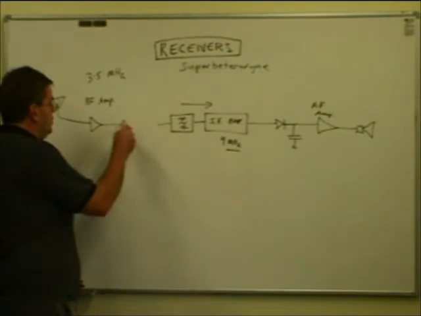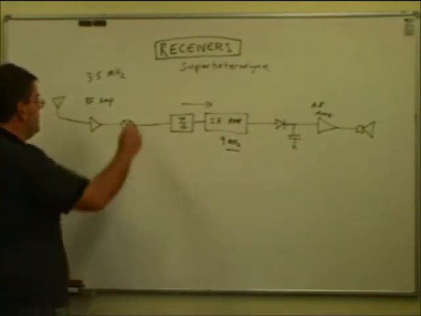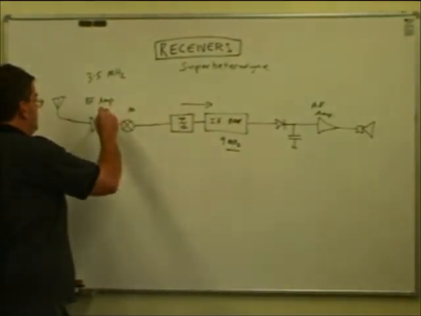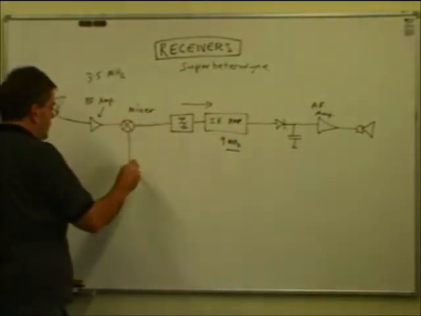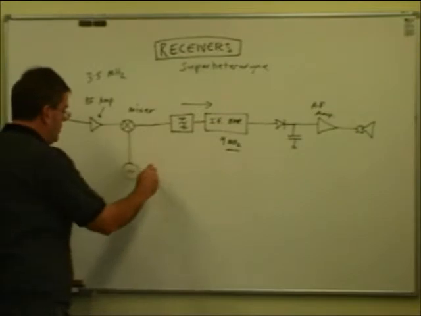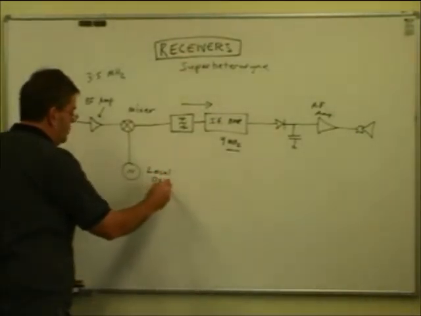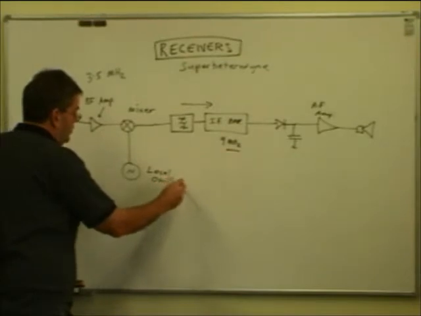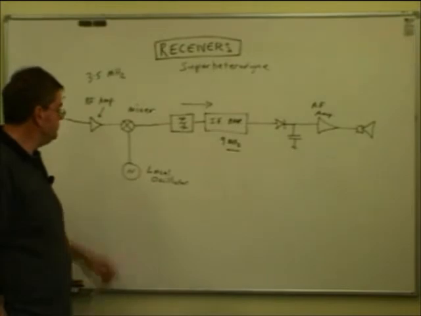Now we enter a new block. The symbol there, I draw it like that with a cross in it, is a mixer. And we need something else: a little generator here called the local oscillator. In the NZART question bank it's just called the oscillator, but normally in superheterodyne receivers we call it the local oscillator.